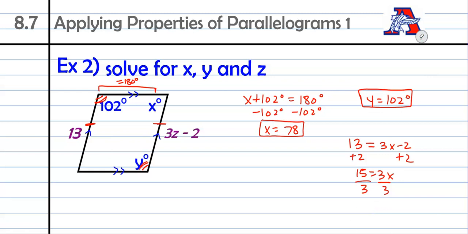Let's just back up and fix that real quick, sorry. z. So 5 is equal to z. Alrighty, that is it for that one. So hopefully, as long as your algebra is going okay, it shouldn't be too bad. But let me know if you're running into any issues on that lesson.